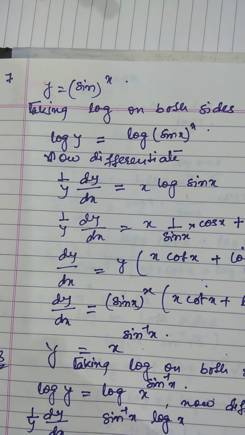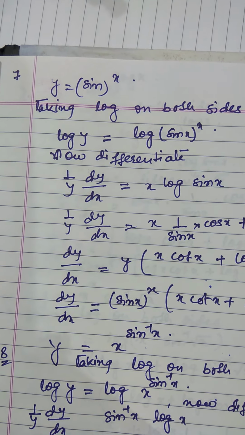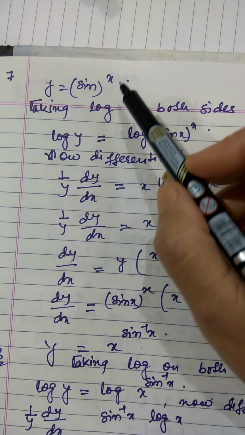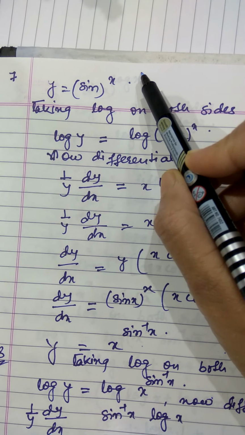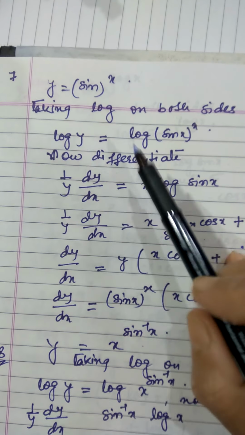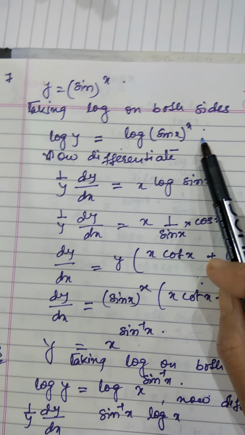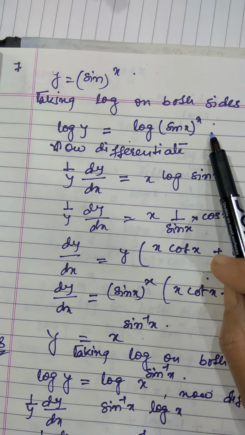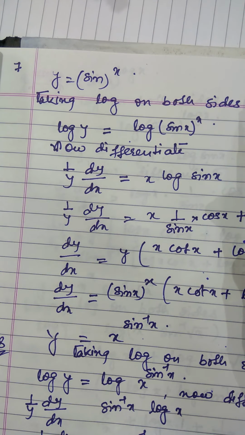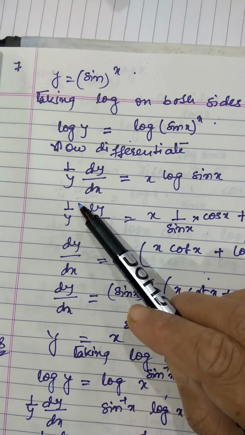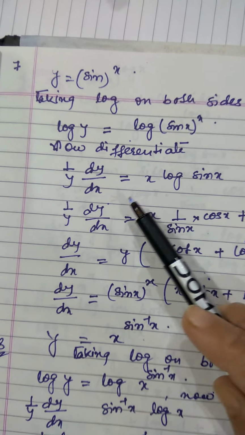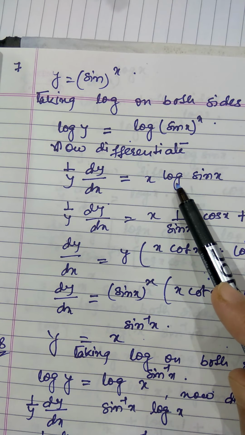Next is y is equal to sin x raised to the power x. Take log on both sides. So log y is equal to x log sin x. Now differentiate both sides. 1 upon y dy by dx is equal to x log sin x.